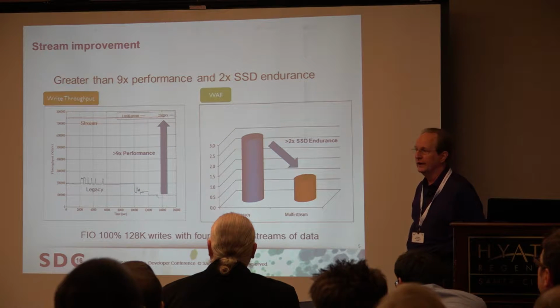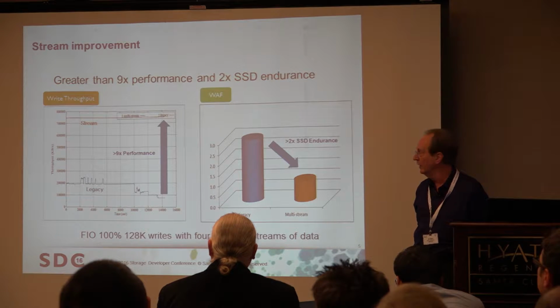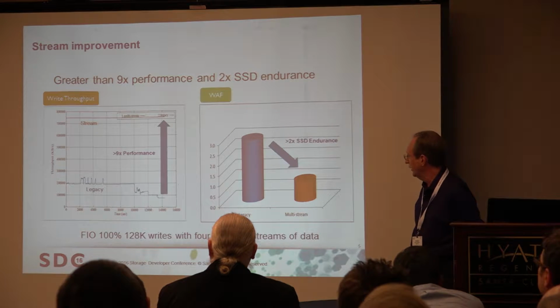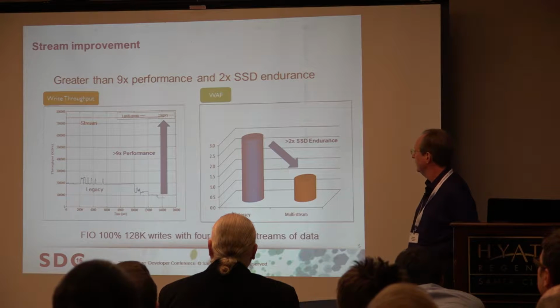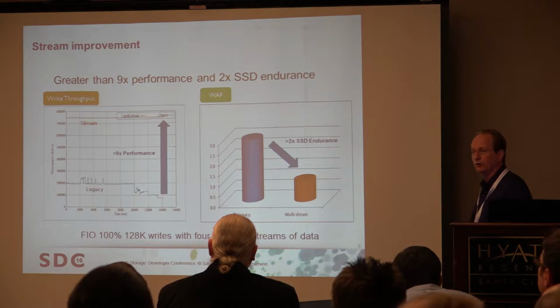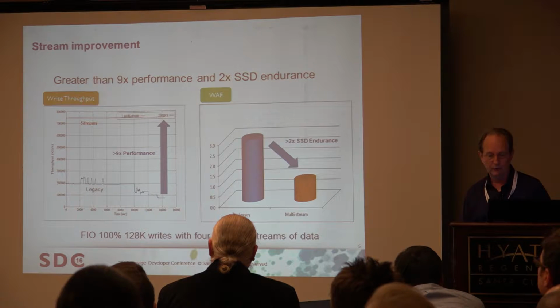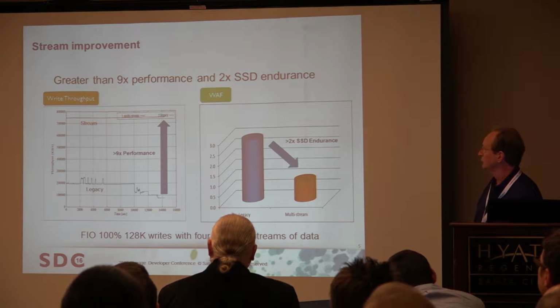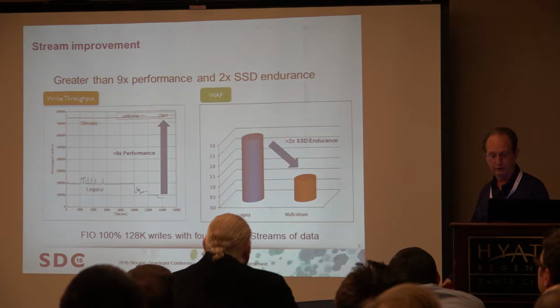It's greater than a 9x performance improvement, and that's an actual test that we were able to run using 100% 128K writes with 4 different streams of data. In addition, we saw a greater than 2x SSD endurance improvement. So these are done by real testing showing that this particular feature really does improve both performance and endurance.